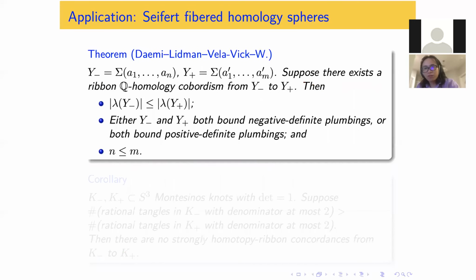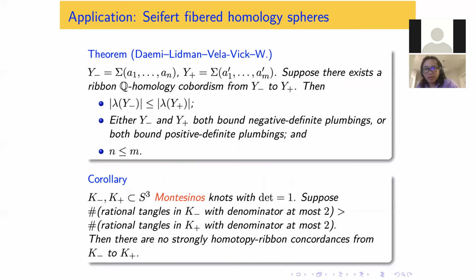So having proven this statement, there's a very quick corollary we can get, which is that if you have two Montesinos knots with determinant equal to 1 inside S3, such that the number of rational tangles in the minus side with denominator at most 2 is larger than that for the plus side, then there are no strongly homotopy ribbon concordances from K minus to K plus.